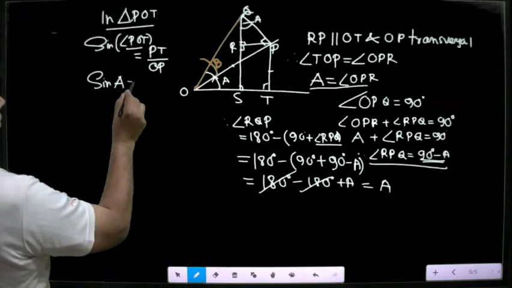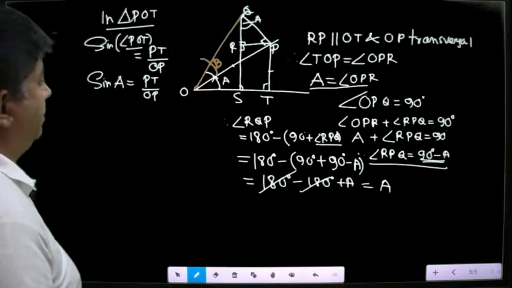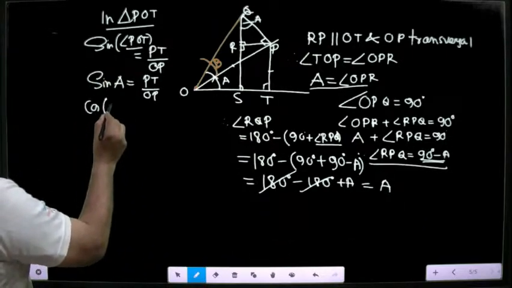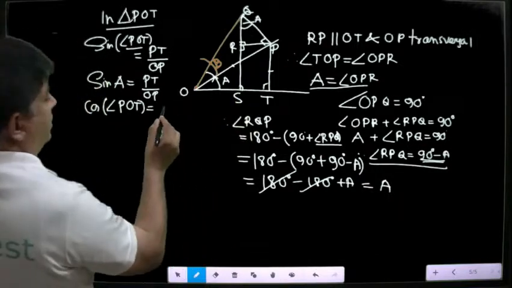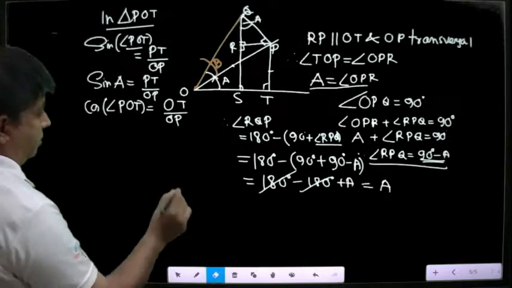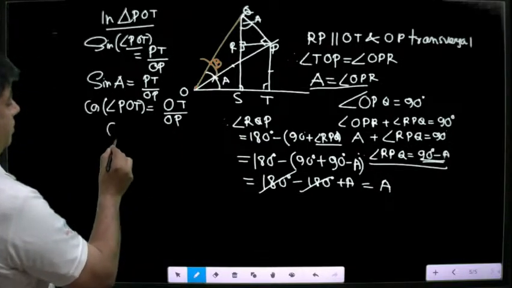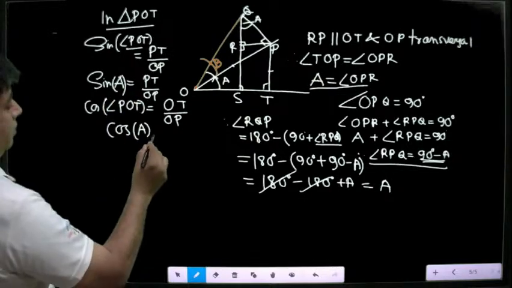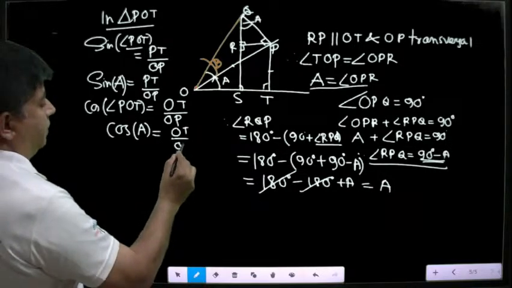Now, cos POT is base by hypotenuse, OT by OP, so cos A is OT by OP.